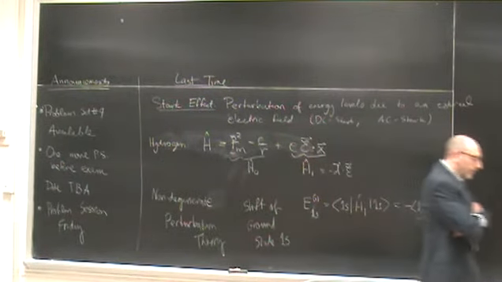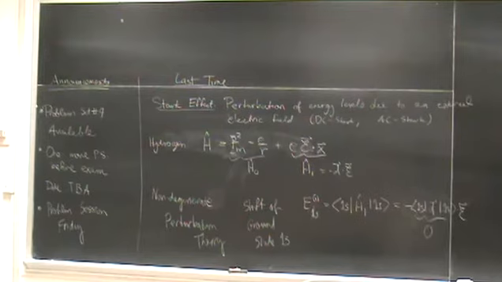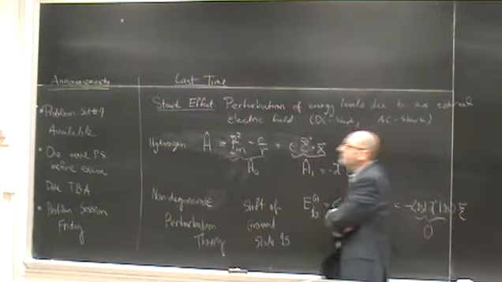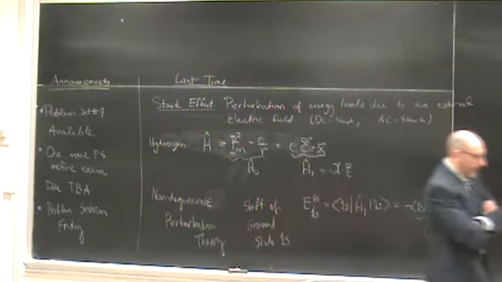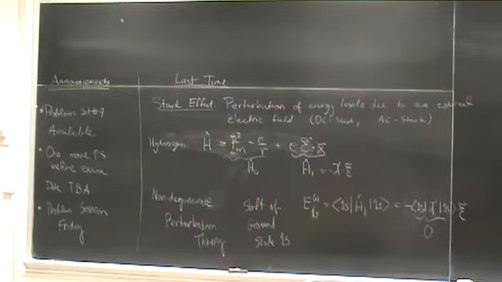Forces due to the external field are in addition to the internal forces on the material. So in particular, we're looking at this for the example of hydrogen. Okay? So we're looking at how the energy levels are perturbed by the addition of the external electric field.